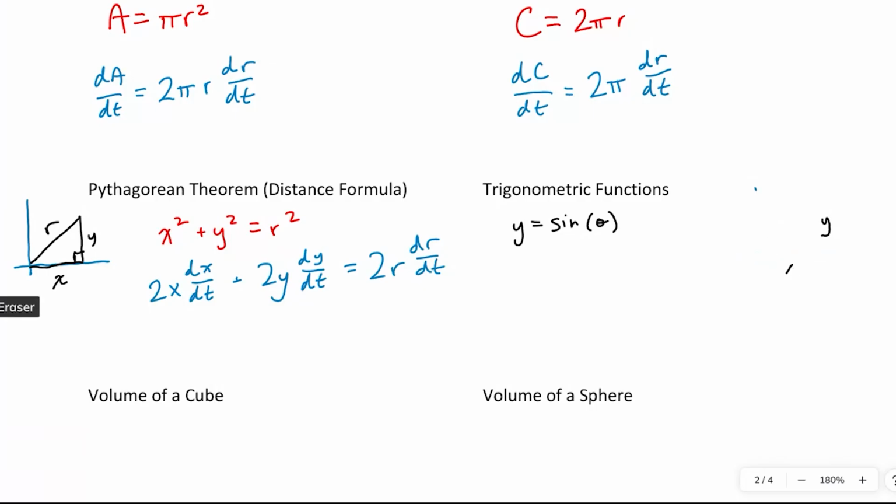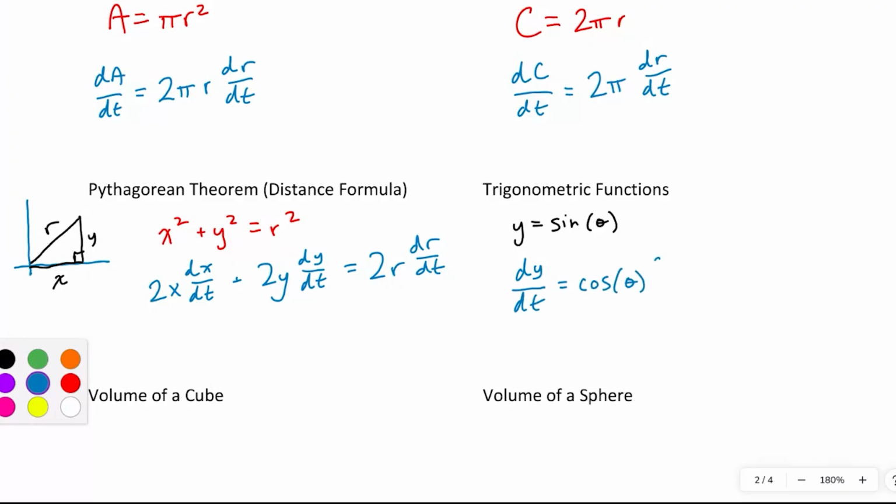Let me erase this. All right, now what's the derivative of sine? Cosine, okay. So we'd have dy dt equals cosine of theta d theta dt.